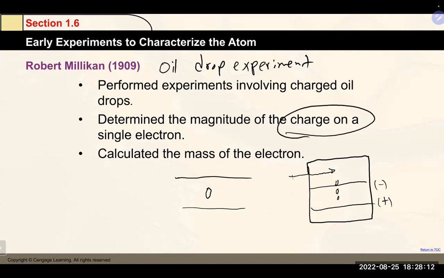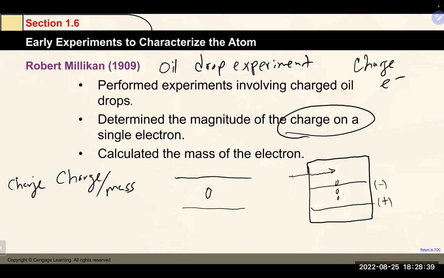So Millikan did this oil drop experiment, and the main thing that came out of it was the charge on an electron. And that's really important if you think about the two experiments together. We have Thomson with his CRT tube that came up with the charge to mass of an electron. We have Millikan that came up with the charge of an electron.